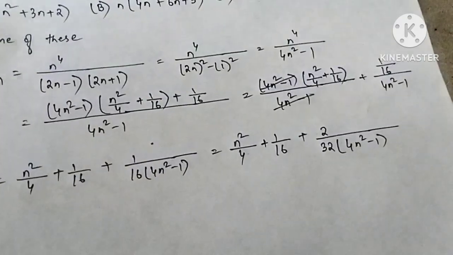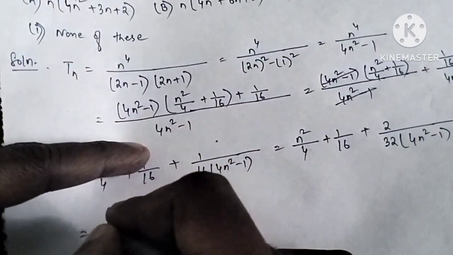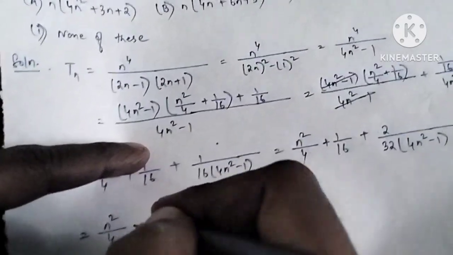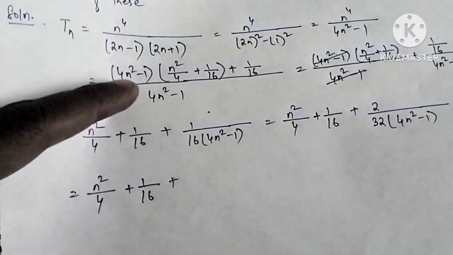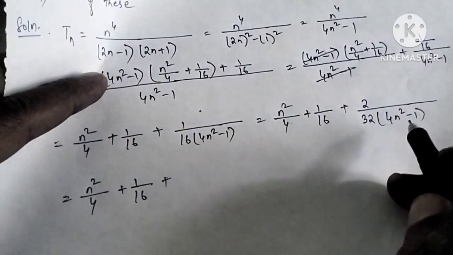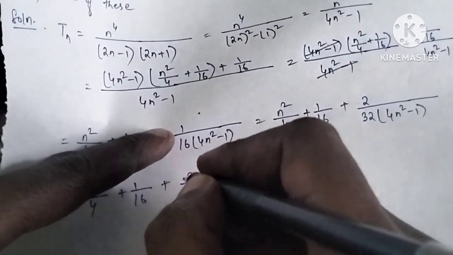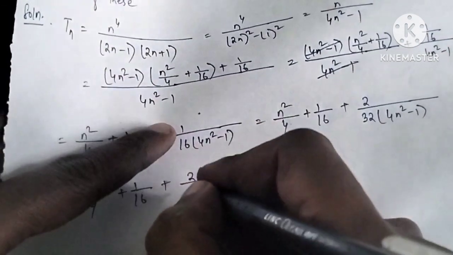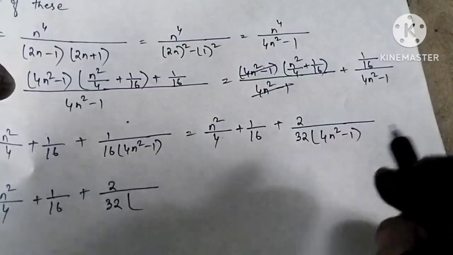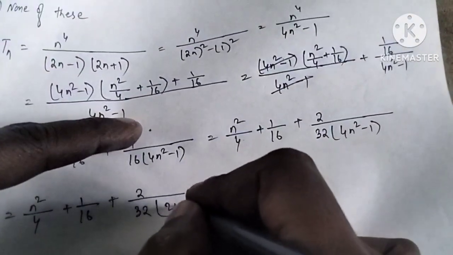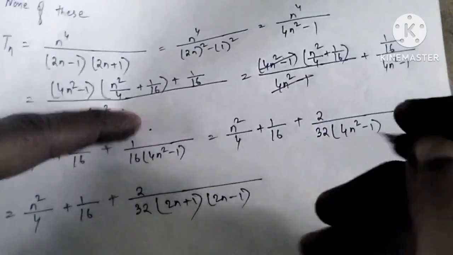Now this will be n square by 4 plus 1 by 16 plus 2 by 32 into 4n square minus 1. 4n square minus 1 can be written as 2n plus 1 into 2n minus 1.